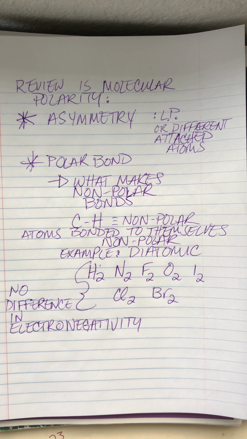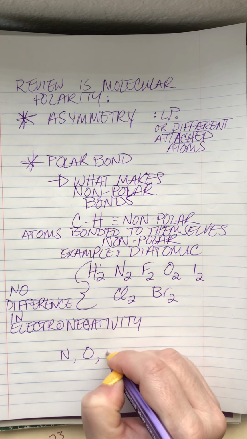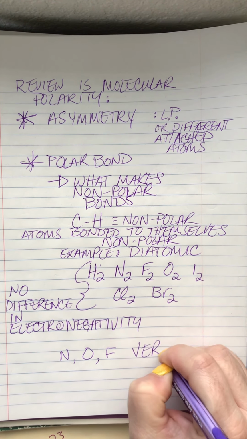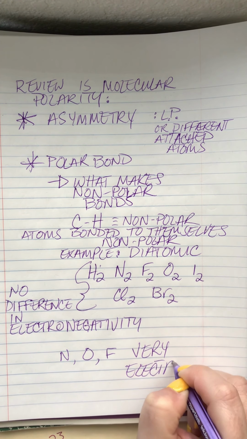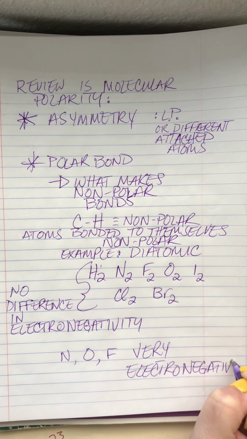So some atoms are hungrier than other atoms, right? So things like nitrogen, oxygen, and fluorine are very electronegative, right?